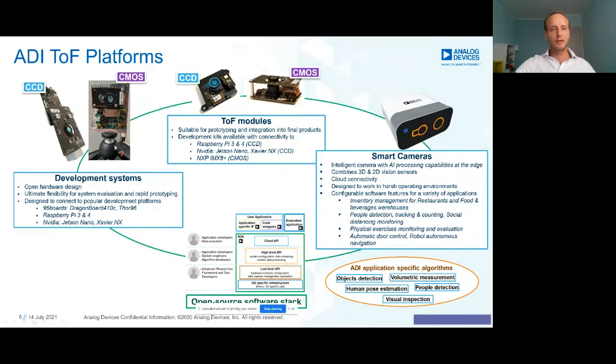The development systems and the time-of-flight modules are designed to connect to different processor boards like a Raspberry Pi or boards from NVIDIA or Rockchip or different other manufacturers, in order to be able to get the data from the time-of-flight camera and do further image processing to implement different machine vision algorithms. And they also have this concept of the smart cameras, which combine a 3D and a 2D sensor with AI-capable processors in order to be able to provide edge processing for machine vision applications.